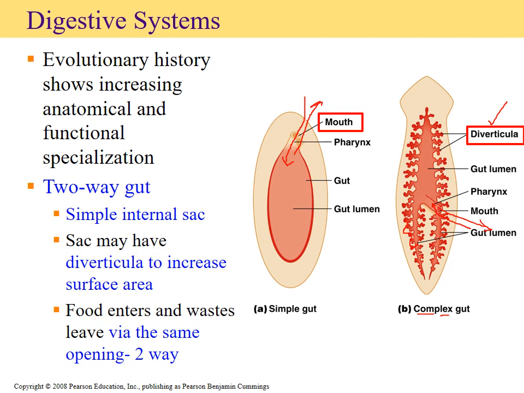As I said before, this is just a very simple setup of the digestive system with the two-way gut. One way for both entry and exit, that's why it's called a two-way. The gut is just a simple sac, maybe with some foldings to increase the surface area, but very simplistic. But the nice thing about it is that you're still separating your food particles from the rest of the body.